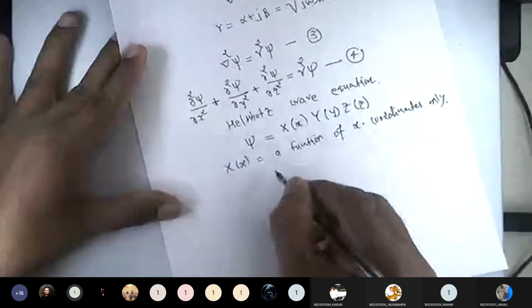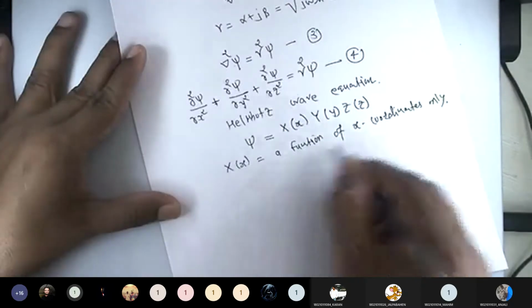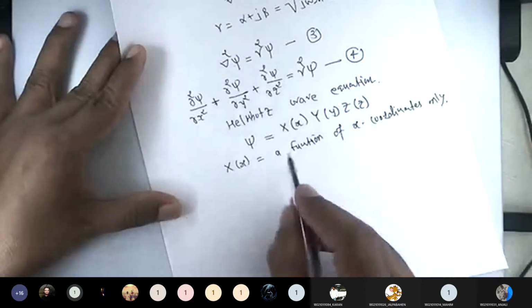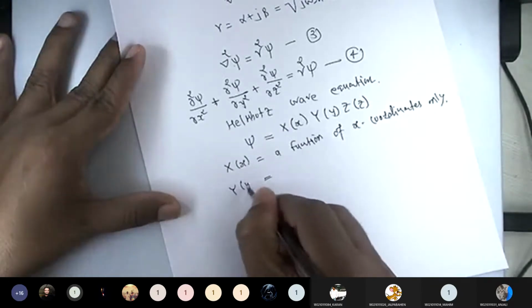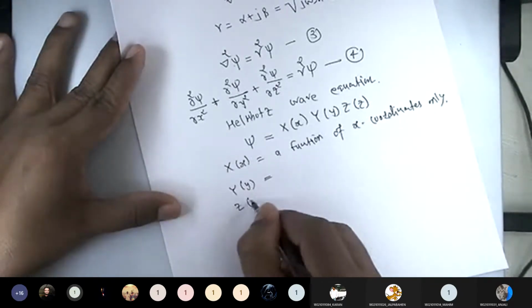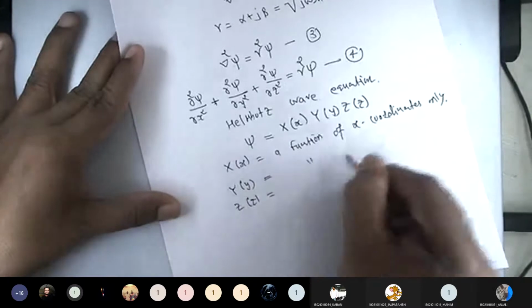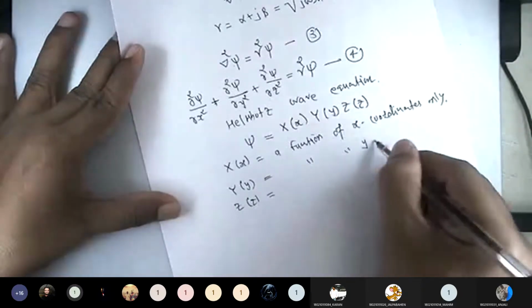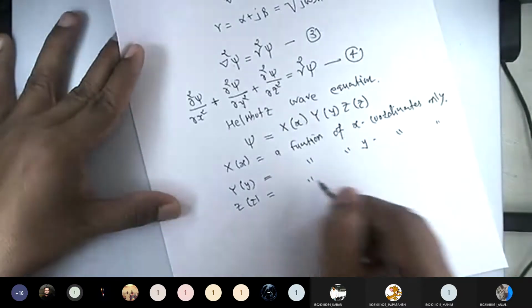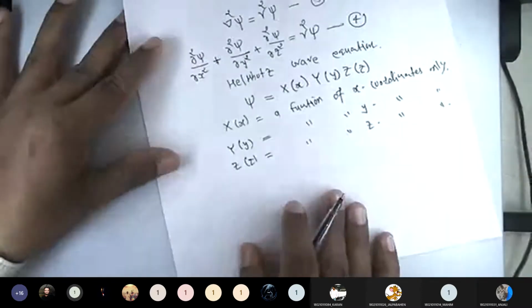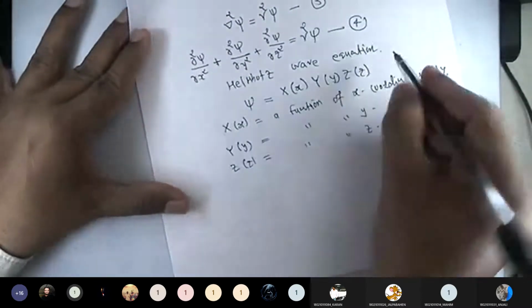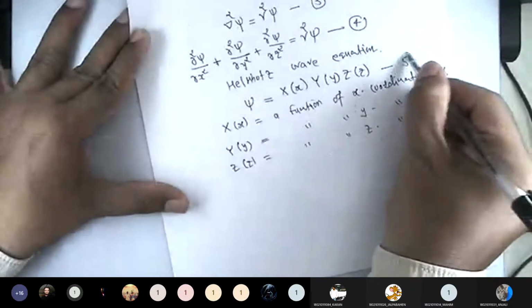It means that whatever the variation in the x direction can be represented by this X of x. In the same way, Y of y and Z of z represent functions of the y coordinate only and the z coordinate only, respectively. So this way we have obtained our ultimate equation number 5.